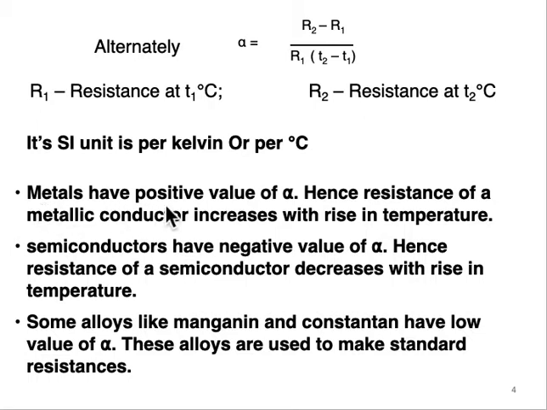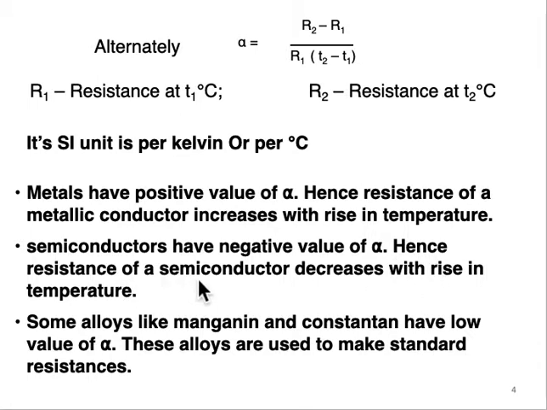Remember, metals have a positive value of alpha, that is the resistance of a metallic conductor increases with rise in temperature. The semiconductors, for example, group 4 elements of the periodic table, or group 14 as we call them now, silicon, germanium, etc. Semiconductors have negative value of alpha, the temperature coefficient of resistance.